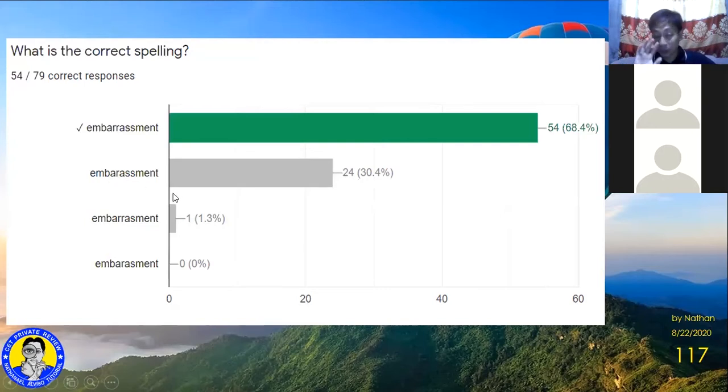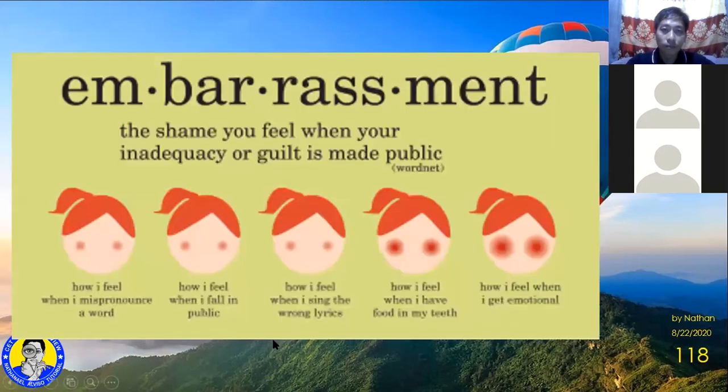Again, if you want to ace your spelling part, become familiar with your words. There you go, embarrassment. While you're studying, double R, double S. Always remember that. That's how I associate the spelling with each word when I'm studying for CET.